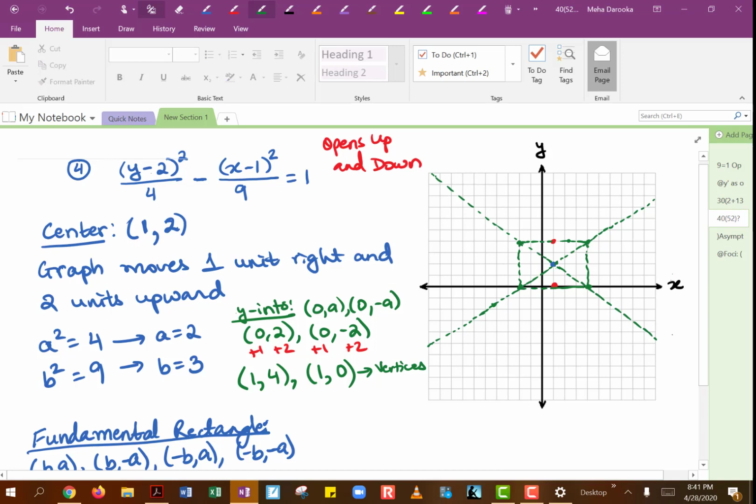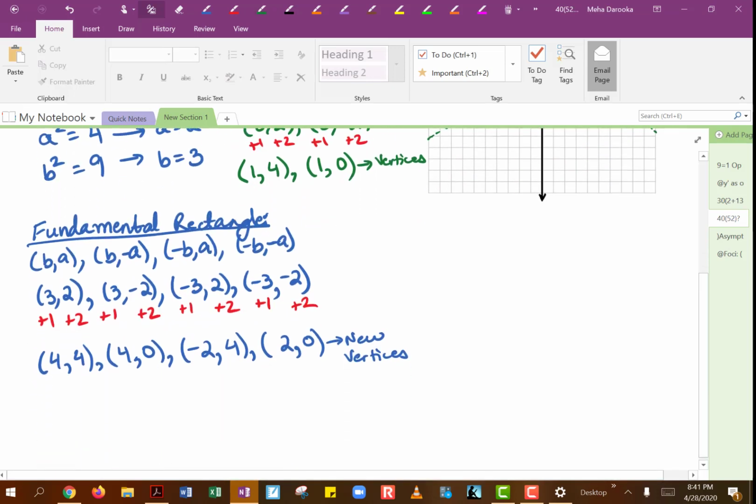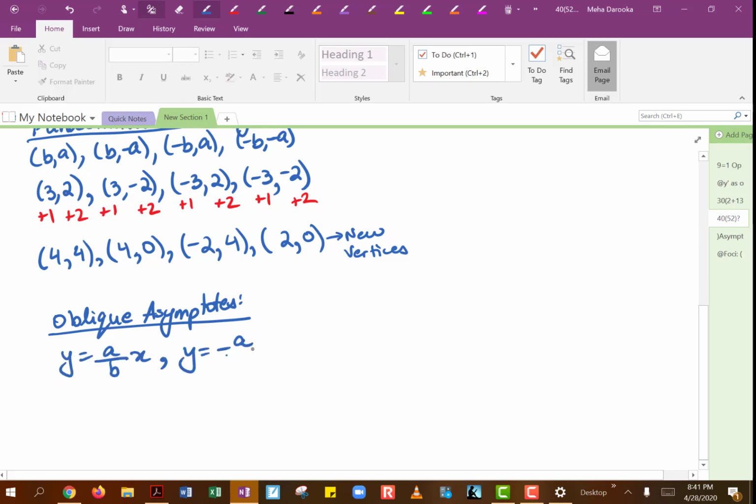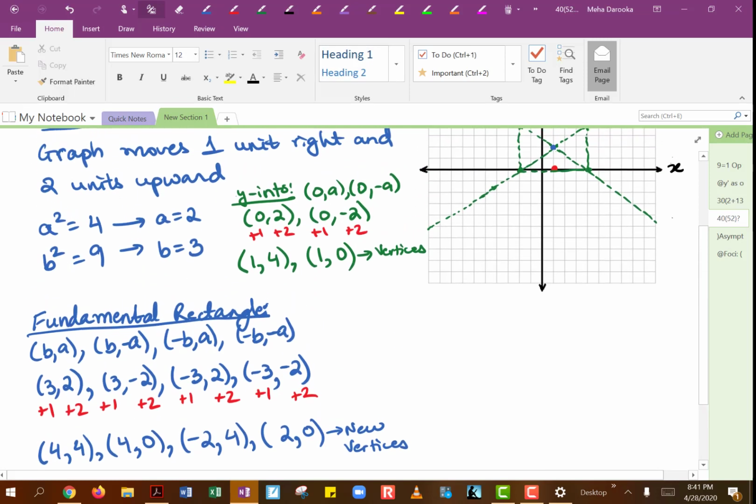Now let's go ahead and talk about the equations for our oblique asymptotes. Okay, so again, remember, this is a hyperbola that opens up and down, which means your equations would have been y equals a over b x and y equals negative a over b x, which in this case would have been 2 over 3, right?